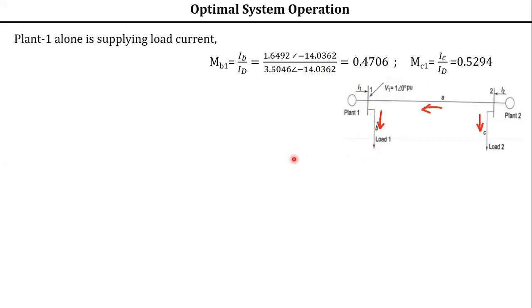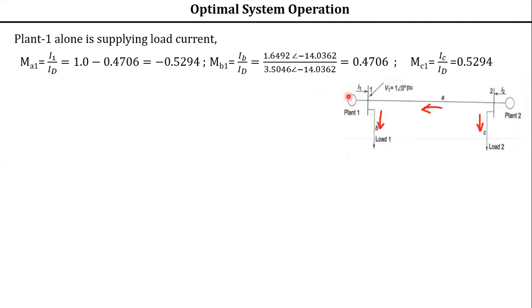So MA1 is equal to I1 by ID. What is I1? For your purpose, I am going to give this I1 value. It is 1 only, because when plant 1 alone is acting, I1 supplies the total load current.